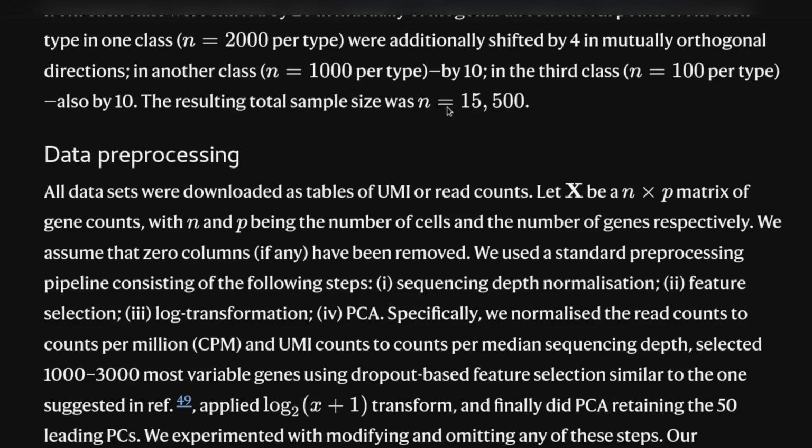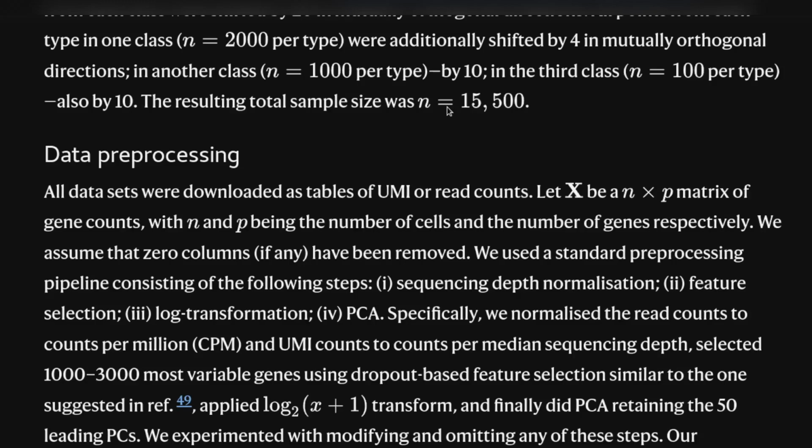Our experiments showed that log transformation, or a similar nonlinear transformation, and feature selection are the two most important steps for adequate results. PCA mainly improves computational efficiency as it reduces the dimensionality and size of the dataset before running t-SNE.